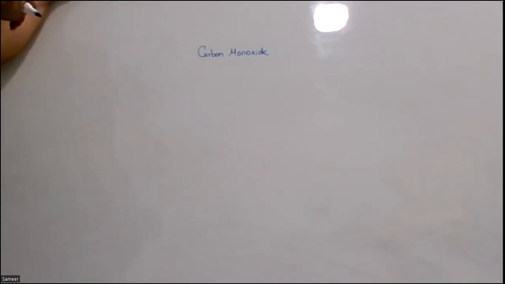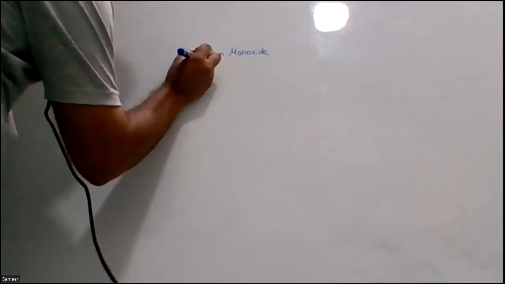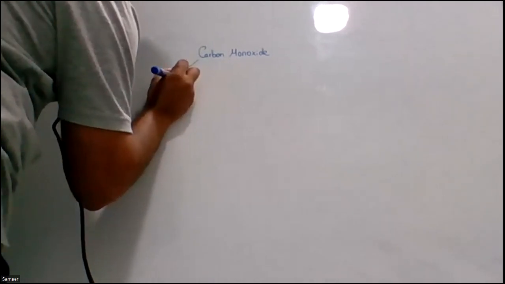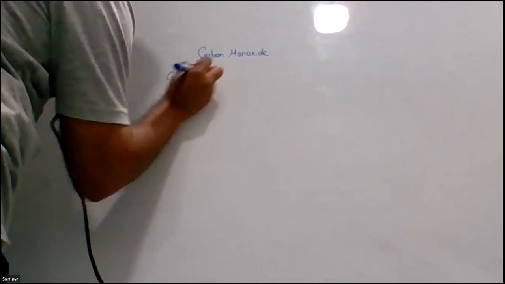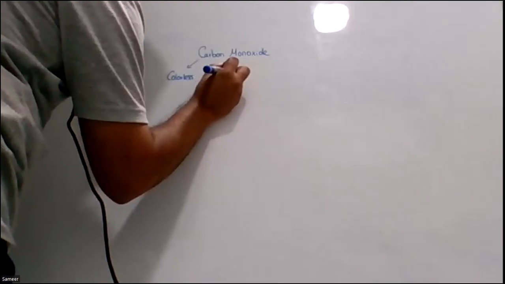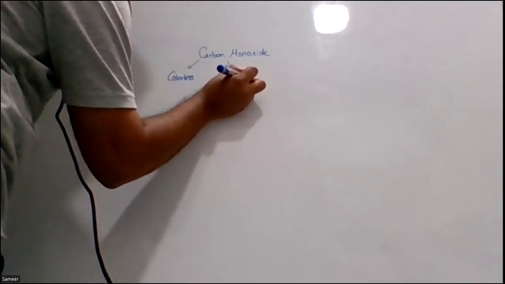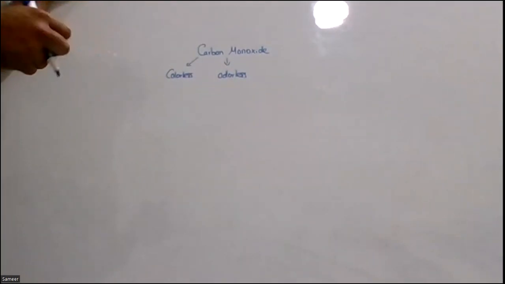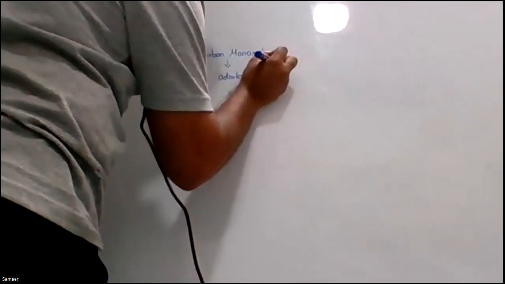Carbon monoxide, we have discussed, has three very important properties. The first thing is that it is colorless. It has no odor, and it mixes up with air.